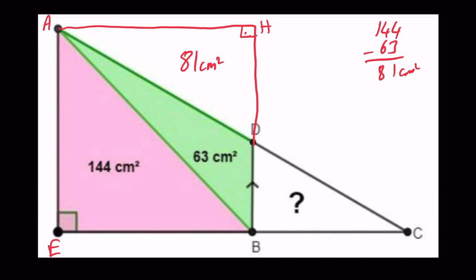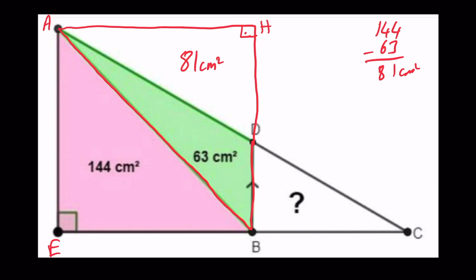So then the rest is easy, because you know that from the same height, if these two triangles, think of that, the base of this triangle, we don't know what that is. So I'm talking about the area of ADB.